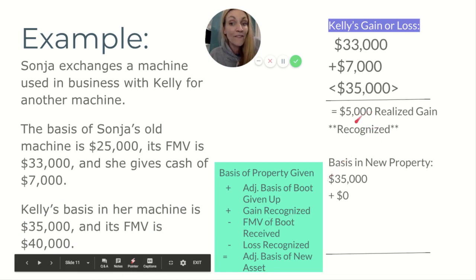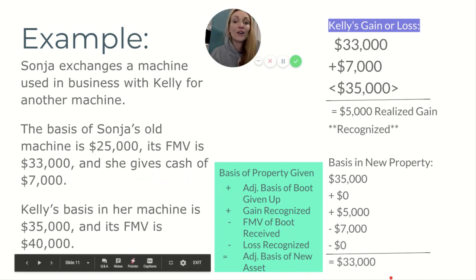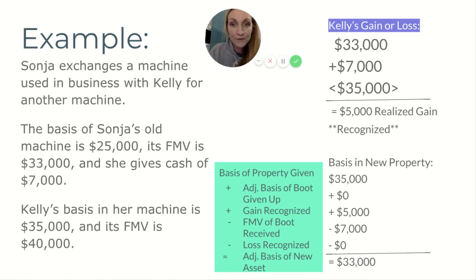Well, we do have a $5,000 gain recognized, so we need to add that. Minus fair market value of boot received. She got boot received, 7,000, so we need to subtract that. No loss, and so her adjusted basis of the new asset that she got after the exchange is 33,000.